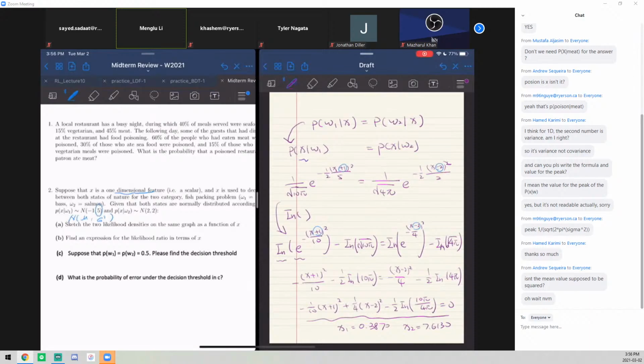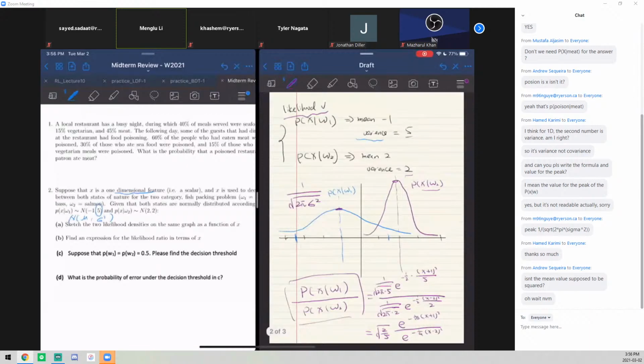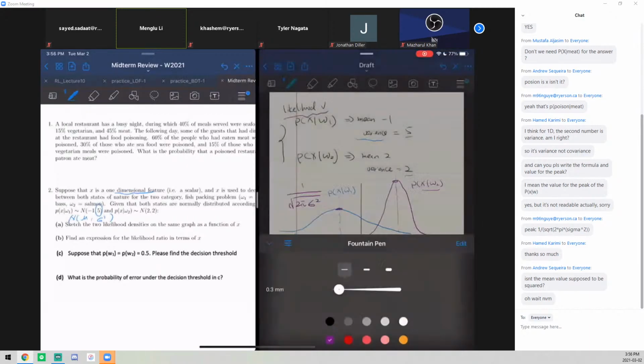One is 0.38, one is 7.61, and we know that's the true boundary. If you go back to the graph and write it, it should be in here.